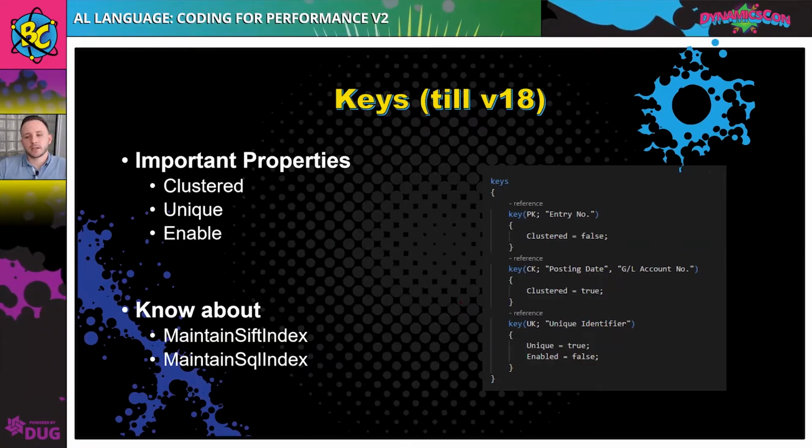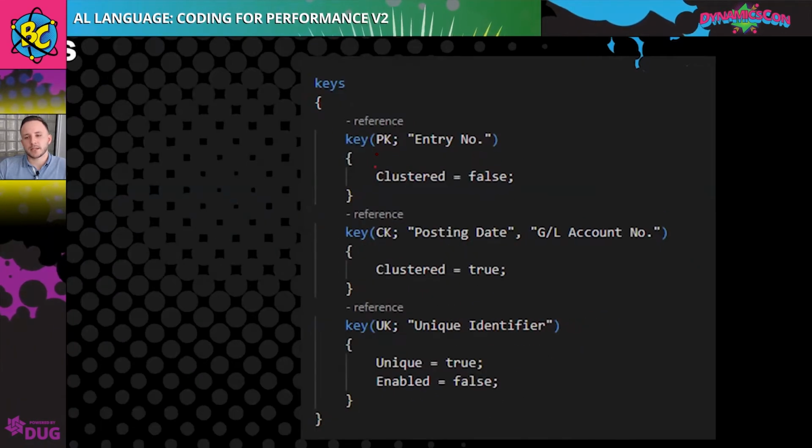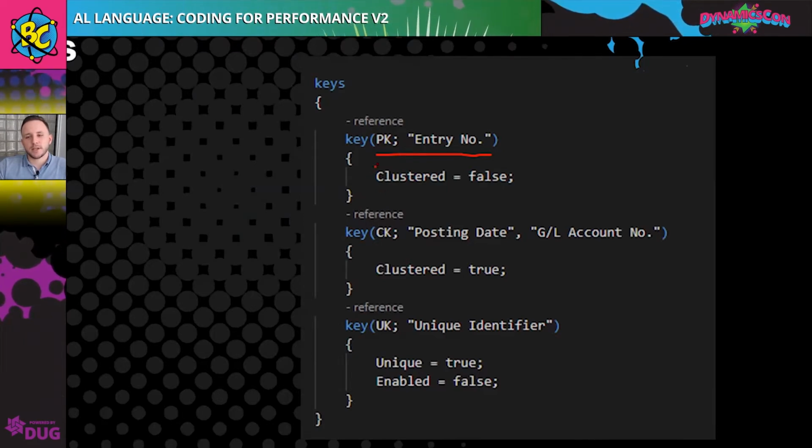I think that everyone knows how to create a primary key, especially as it's created automatically. The primary key is usually clustered. Clustered means how it's stored physically in the database.